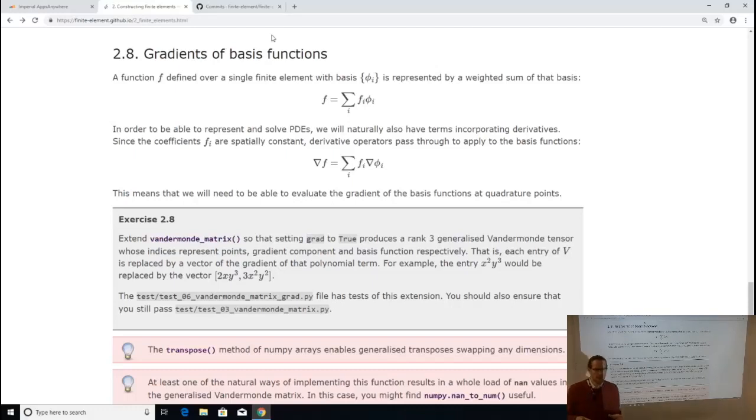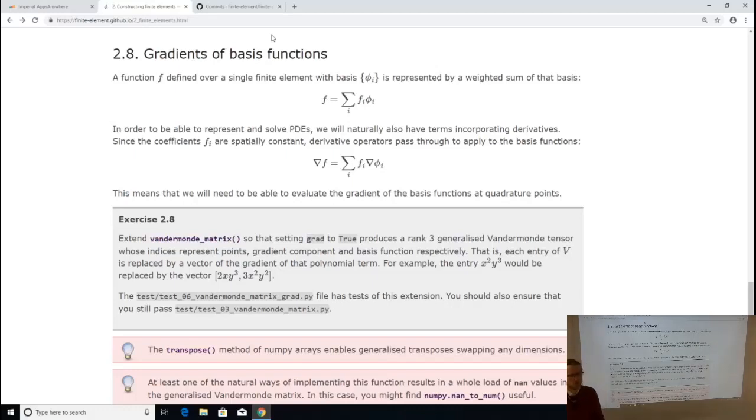So our finite element basis functions are the Vandermonde matrix, which is the expression of the monomial basis, times a set of coefficients. And it's the Vandermonde matrix which is spatially variable, not the coefficients. So we don't need to differentiate the coefficient matrix, we just have to differentiate the Vandermonde matrix.